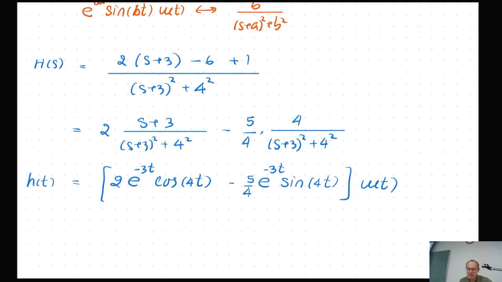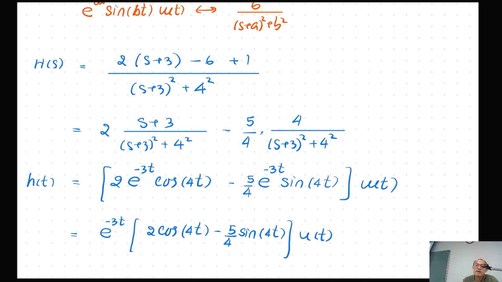We're almost there. And then I can take the e^(-3t) out, right? So I have e^(-3t), and the inside is 2 cosine of 4t minus 5/4 sine 4t, times u(t).